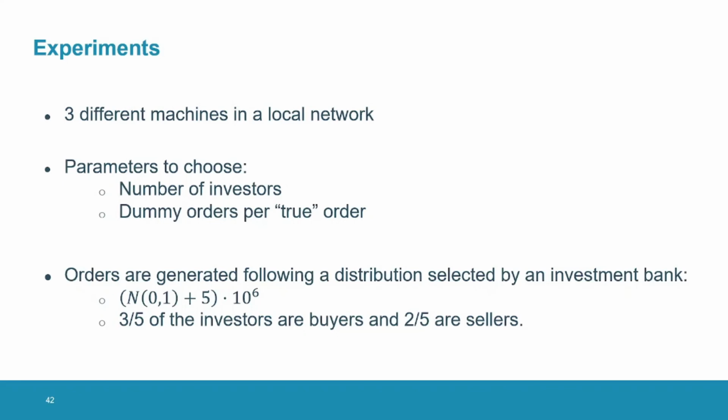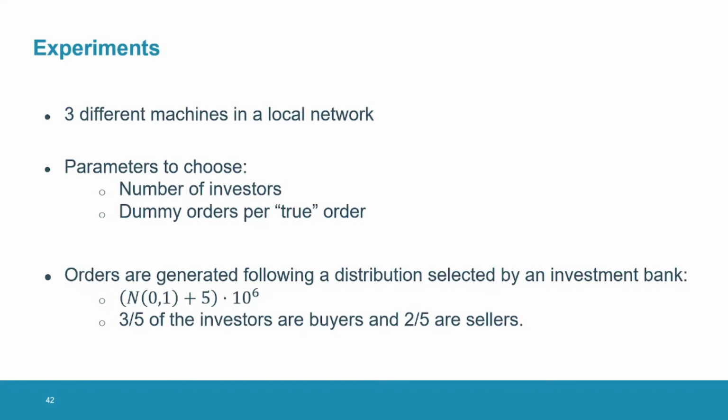And then we suppose that investors would submit a volume that is taken from this distribution here that was selected by an investment bank. In the case of the volume match, each investor will simply submit a single order with the volume taken from this distribution. And for the bucket match, they will take the volume from the distribution and divide it into the necessary orders for the bucket match.